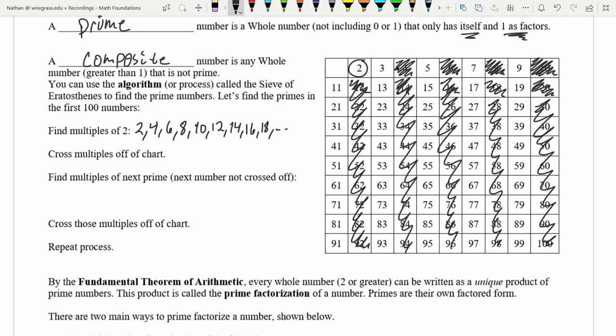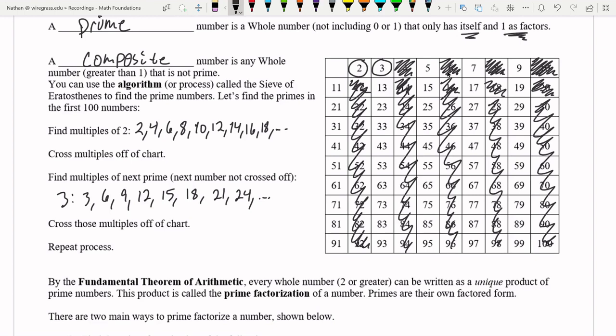So the next number in this list, 3, must be a prime number because we've already considered all of the smaller numbers. So find the multiples of the next prime. It's going to be 3. We get 3, of course, then 6, 9, 12, 15, 18, 21, 24, and continuing.